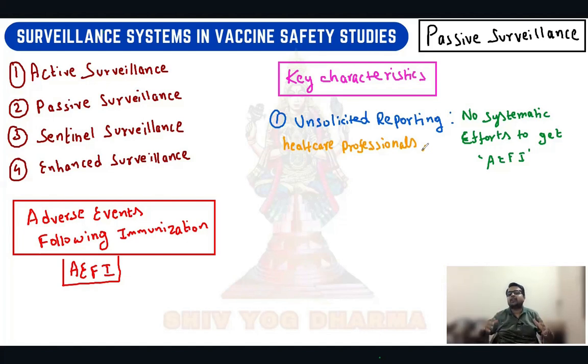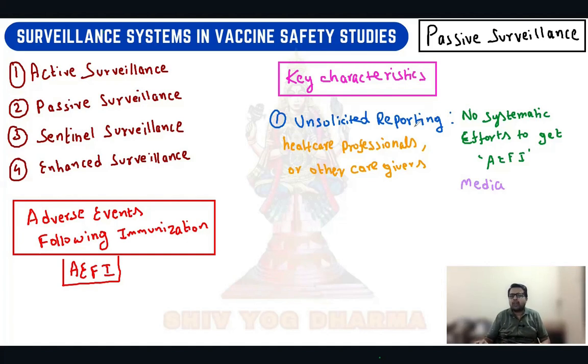So in passive surveillance, the government bodies get the reports of AEFI from healthcare professionals or other caregivers. And in a very rare scenario, if a very rare side effect was seen, that news might float in the media, and government authorities can get to know about it via media, journalists and so on.